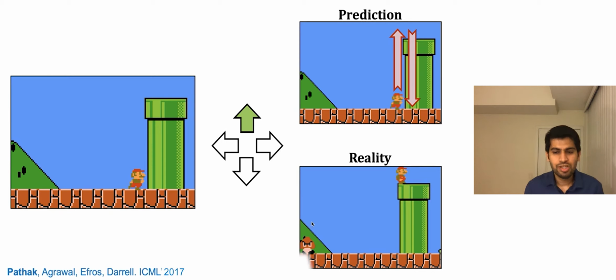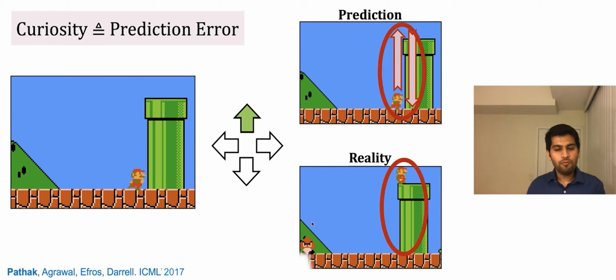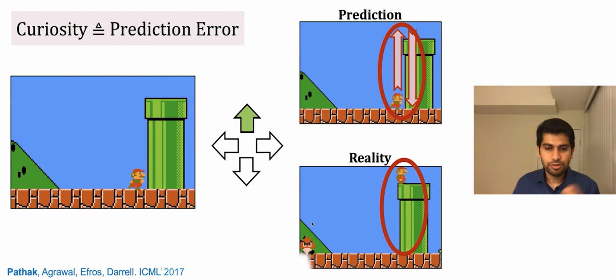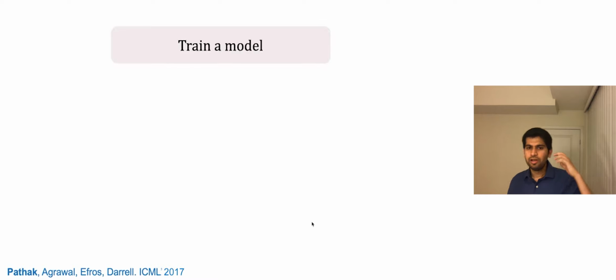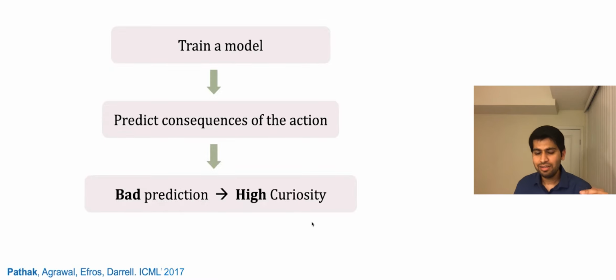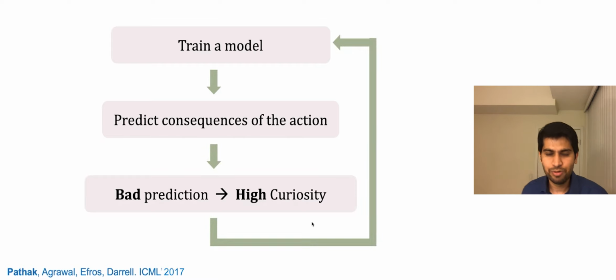Now, what we do is use this failure in prediction as a signal to define curiosity of the agent. We say the agent is curious if it fails to predict the consequence of its own actions. And when it's curious, it should explore this environment even further. So the high-level idea is as follows: build a model, use the model to make predictions. If predictions are bad, the agent gets curious, it goes back and explores whatever it is curious about.